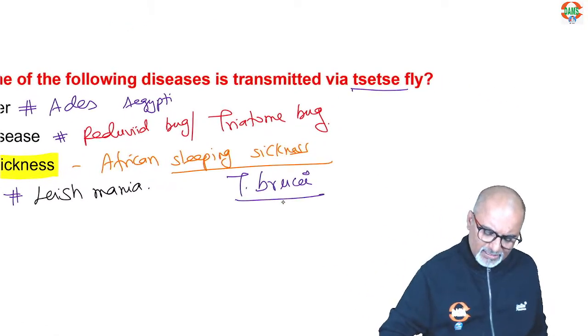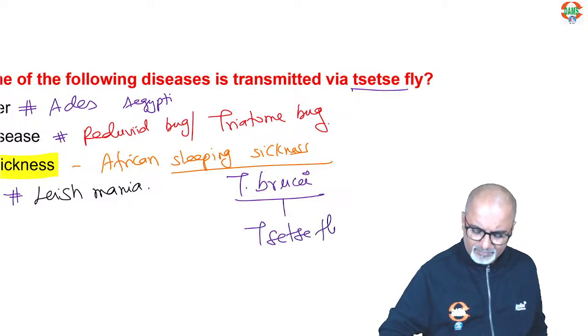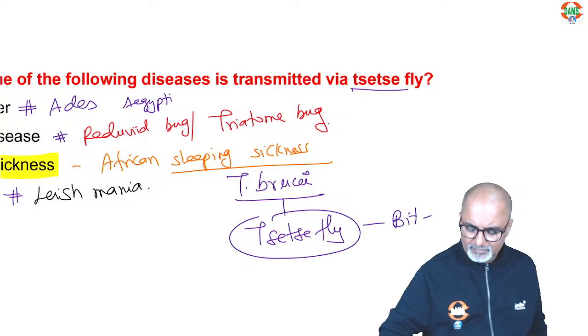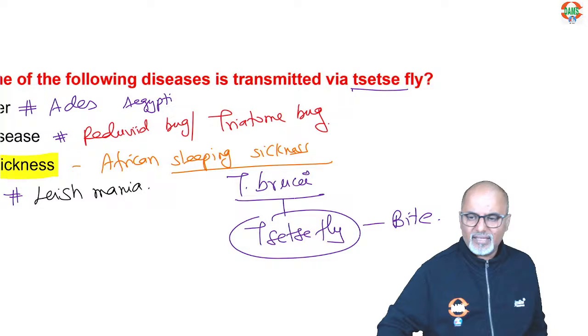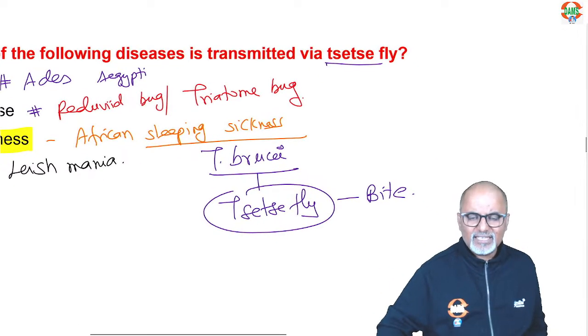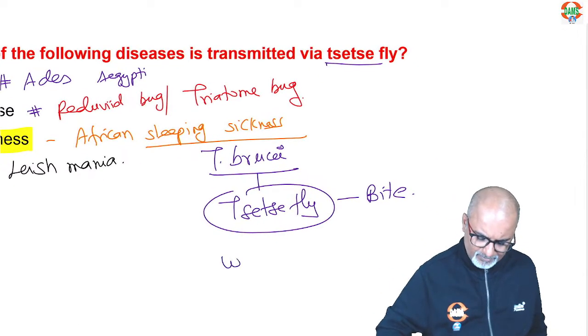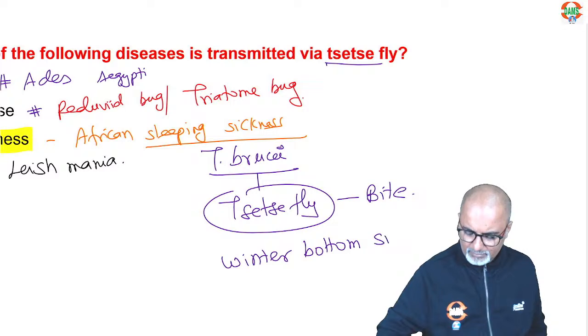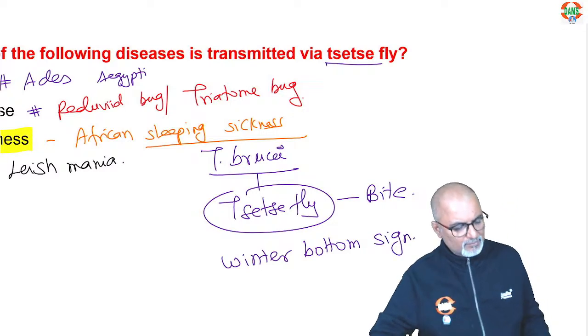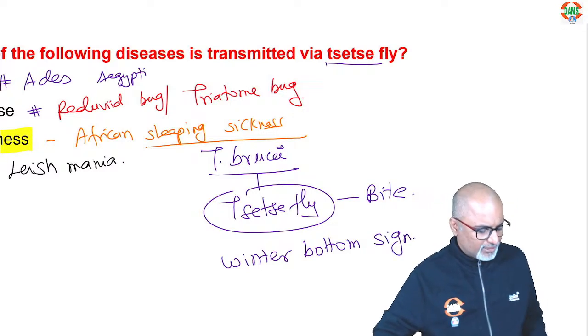The vector is the tsetse fly. Mode of transmission is bite. It causes Winterbottom sign.